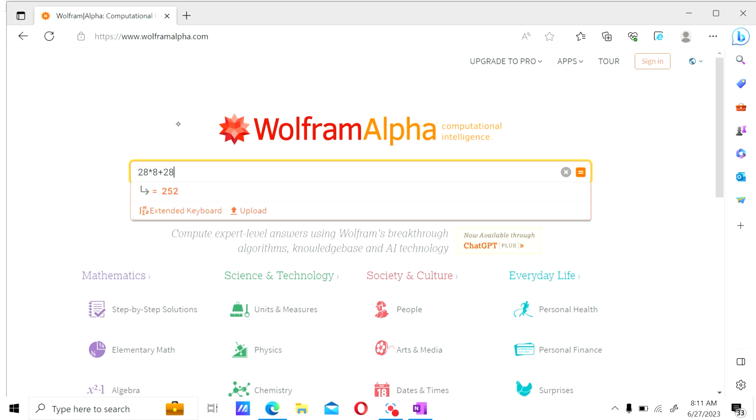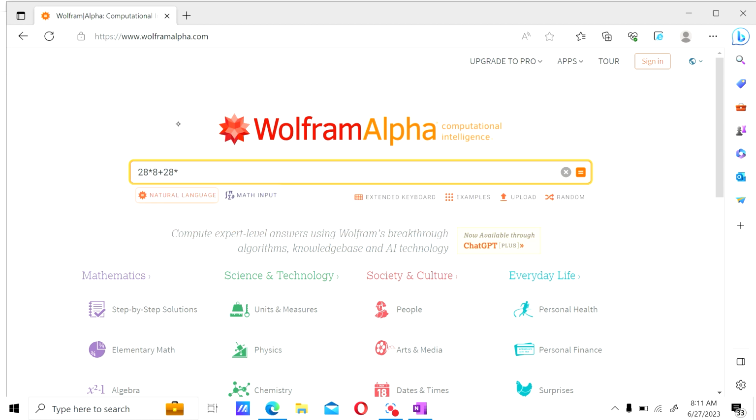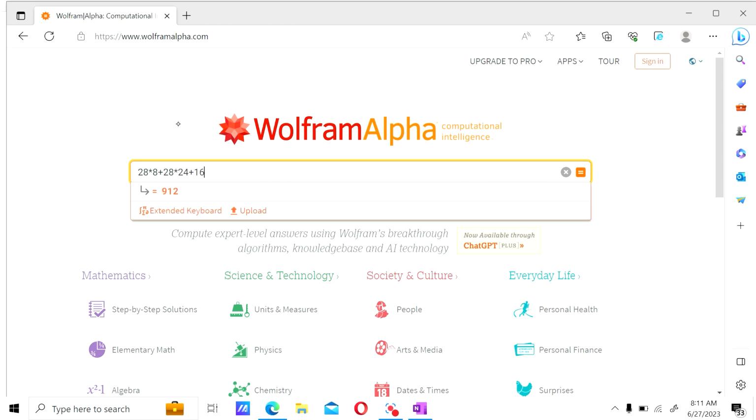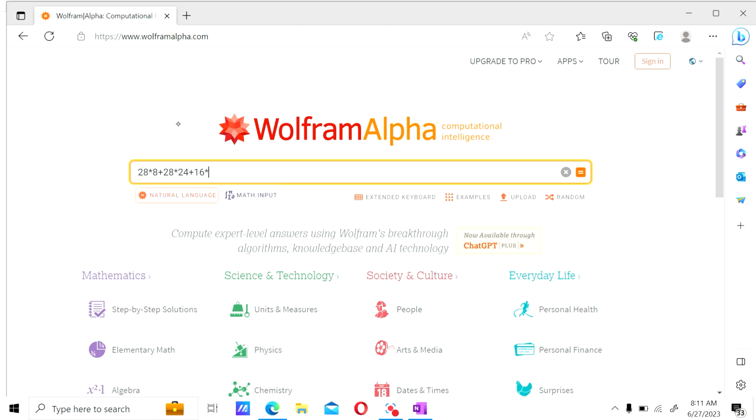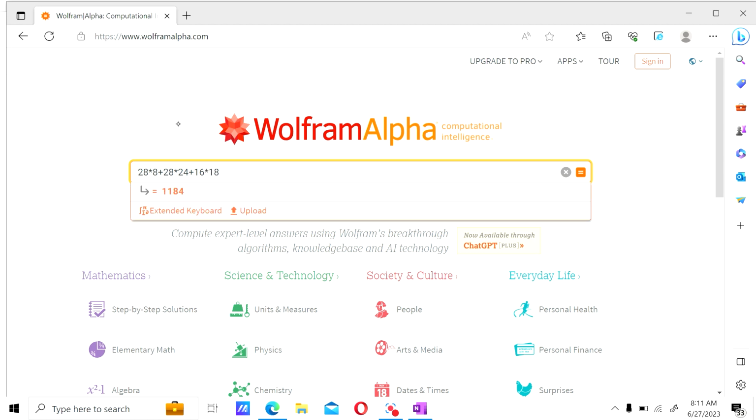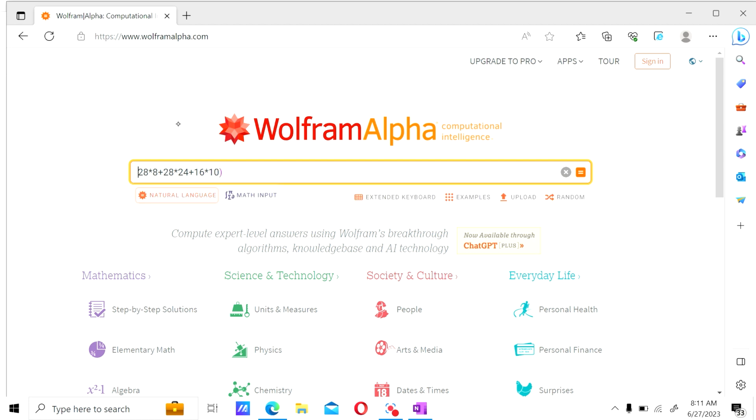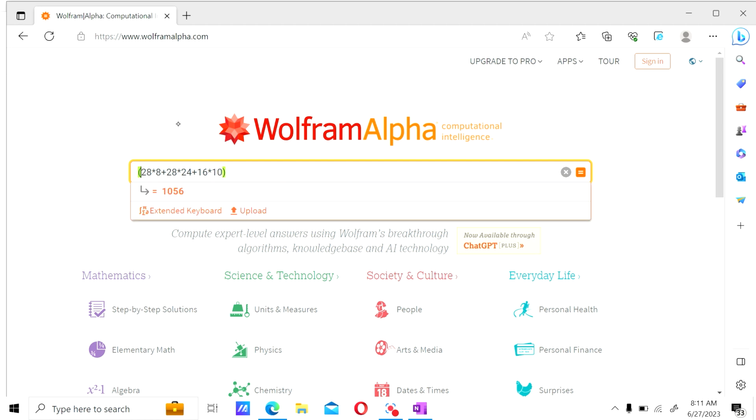If we input that data, we have 28 times 8 plus 28 times 24 plus 16 times 10, and all that is divided by 32, which gives us 33 kilopounds.